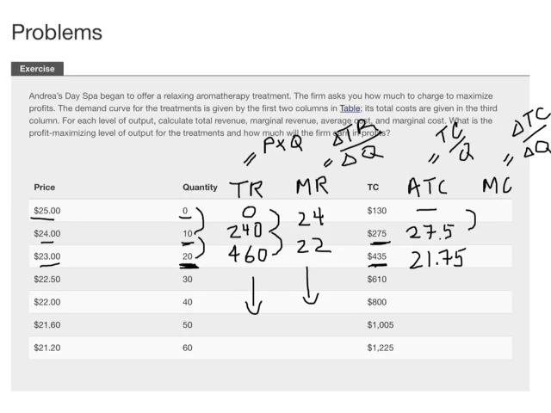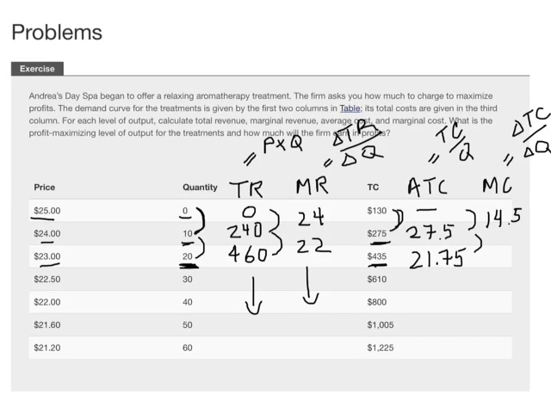Notice that total costs change from 130 to 275. That's a $145 increase, but output is going up by 10. So 145 divided by 10 would be 14.5.